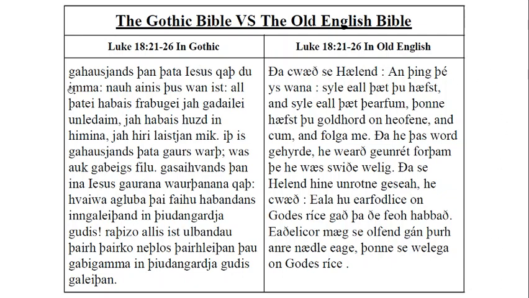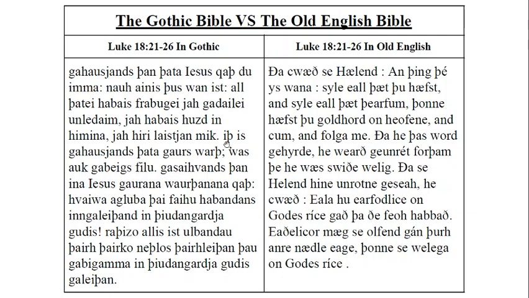So as an example, this present participle ending in -ands, so gahausjands here, is used quite commonly in Gothic, and although it exists in Old English, it's used much more rarely, and they're more likely to put it in the form of an active verb.